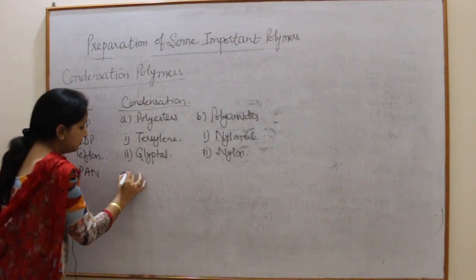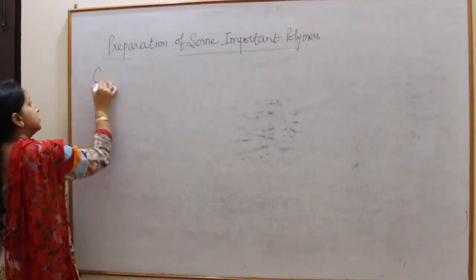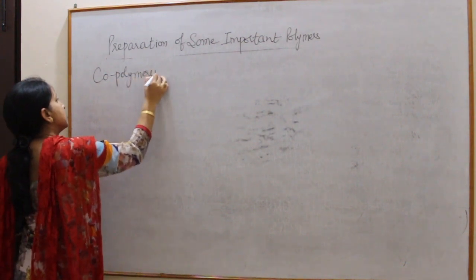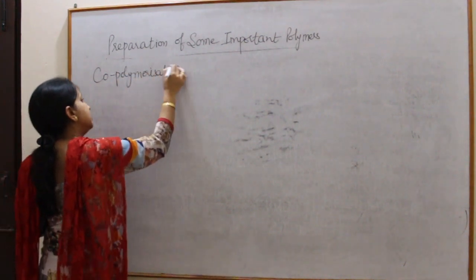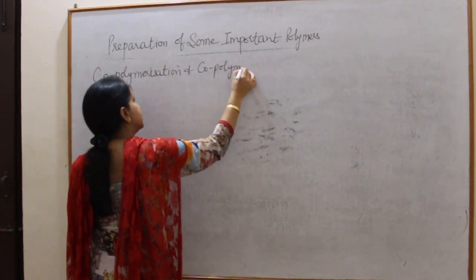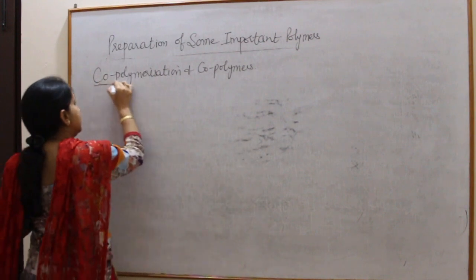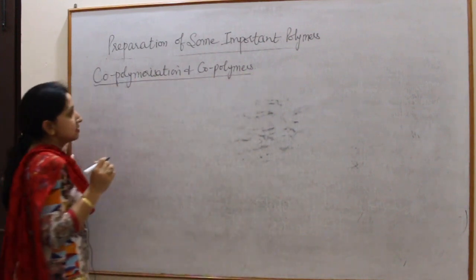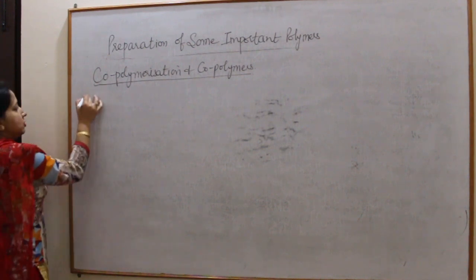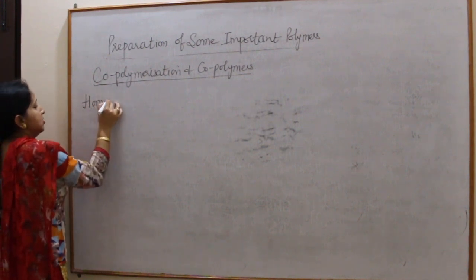Next is copolymerization and copolymers. In the first lecture we had discussed homopolymers and copolymers. What do you mean by homopolymers?